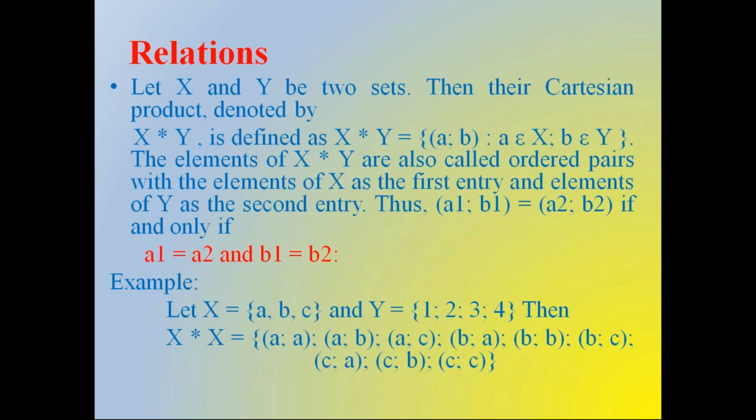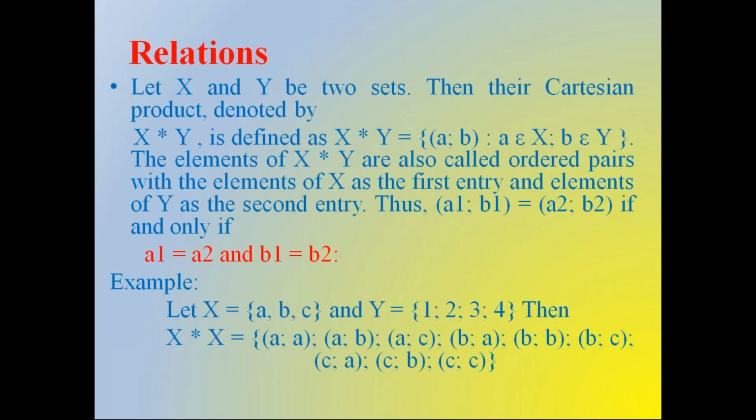In another example, if X and Y are two sets, X equal to {a, b, c} and Y equal to {1, 2, 3, 4}, then we can form a set of all ordered pairs X × Y equal to (a, 1), (b, 2), (c, 3), (c, 4), otherwise (b, 1), (b, 2), (c, 1), (c, 2), (c, 3), (c, 4).